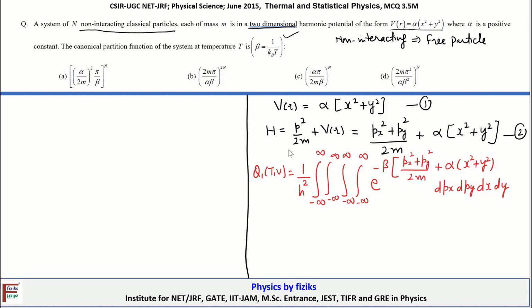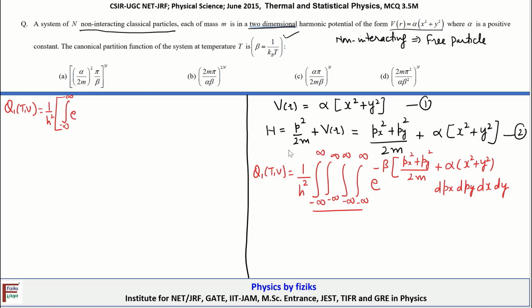Now we are going to split the terms in the partition function, so I can rewrite it. This q1(T, V) is equal to 1 by h square outside, and then inside the bracket we will have the first integral. I'm not rewriting the limits again and again; they should be understood from the first equation: minus infinity to infinity.